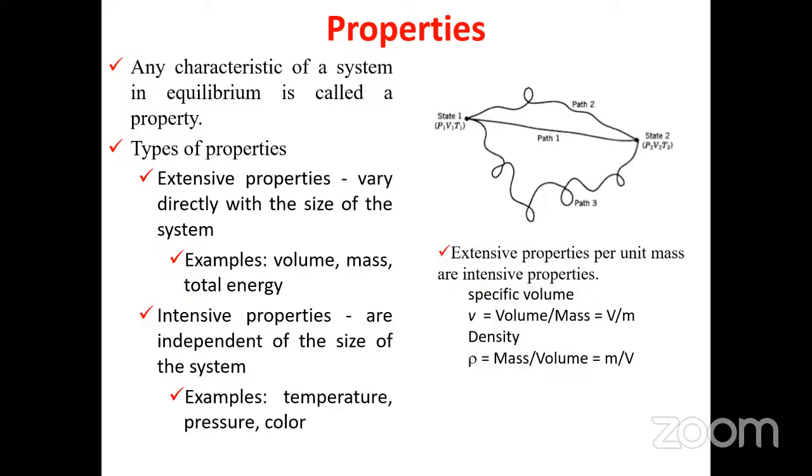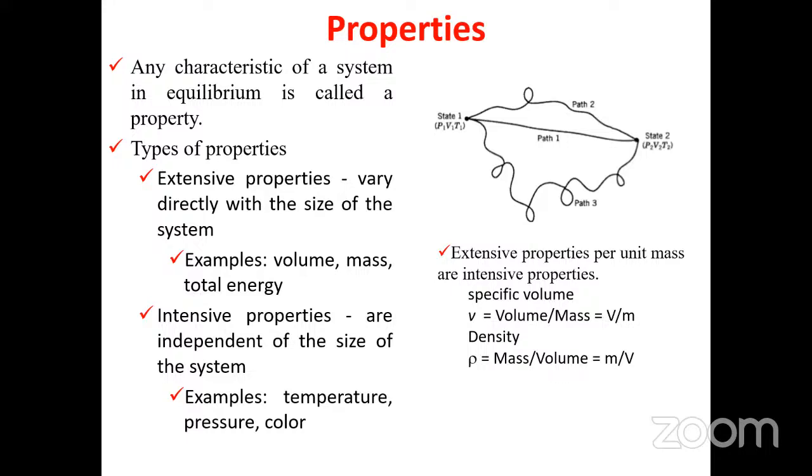So all those characteristics of a system in equilibrium are called properties, and I've told you about intensive and extensive properties. With the examples I've given, now you can see which property is extensive and which one is intensive.